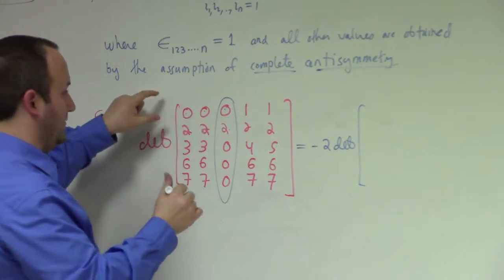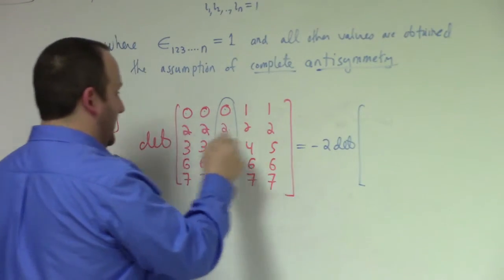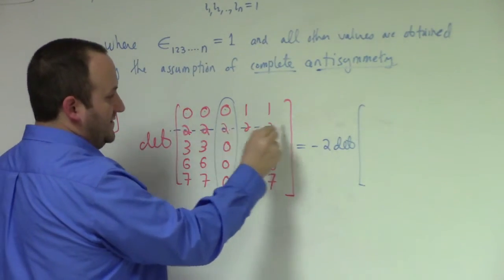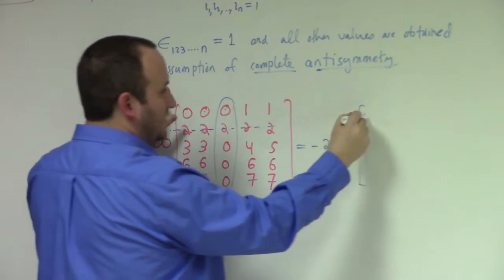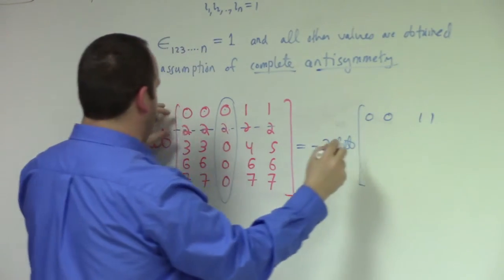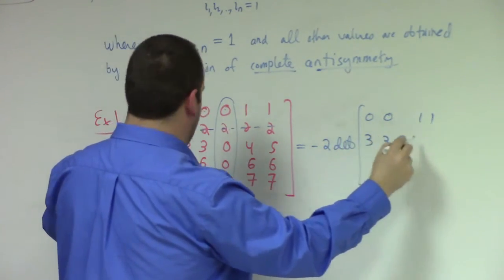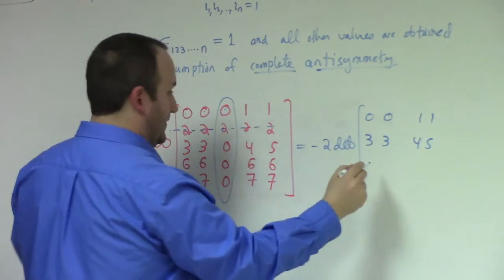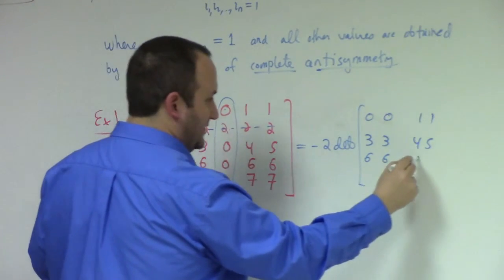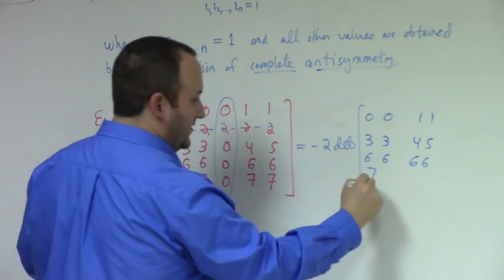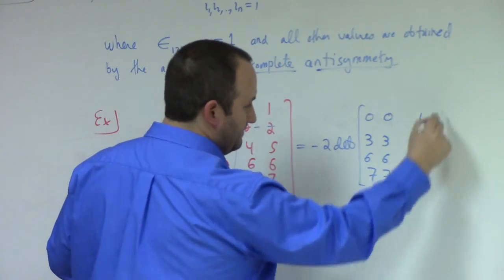So I've got basically just cross this out and focus on everything else: 0, 0, 1, 1, 3, 3, 4, 5, 6, 6, 6, 6, 7, 7, 7, 7.